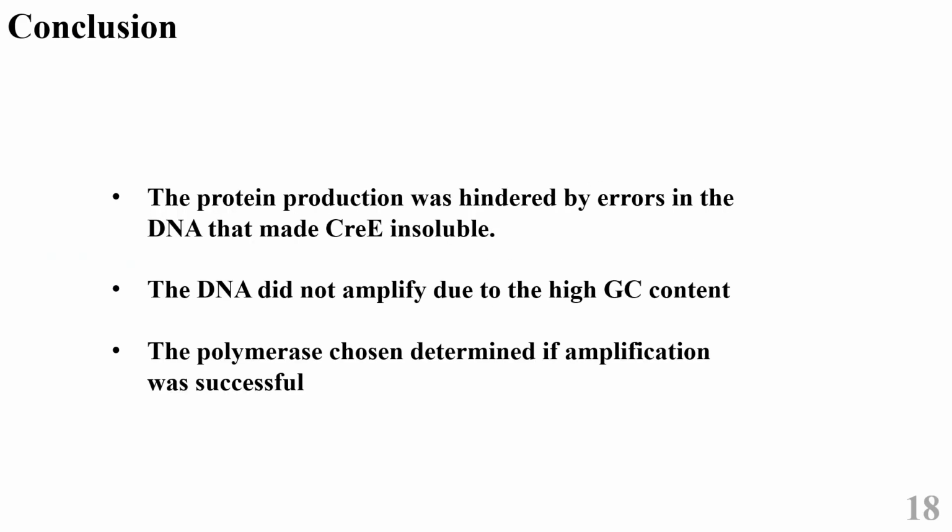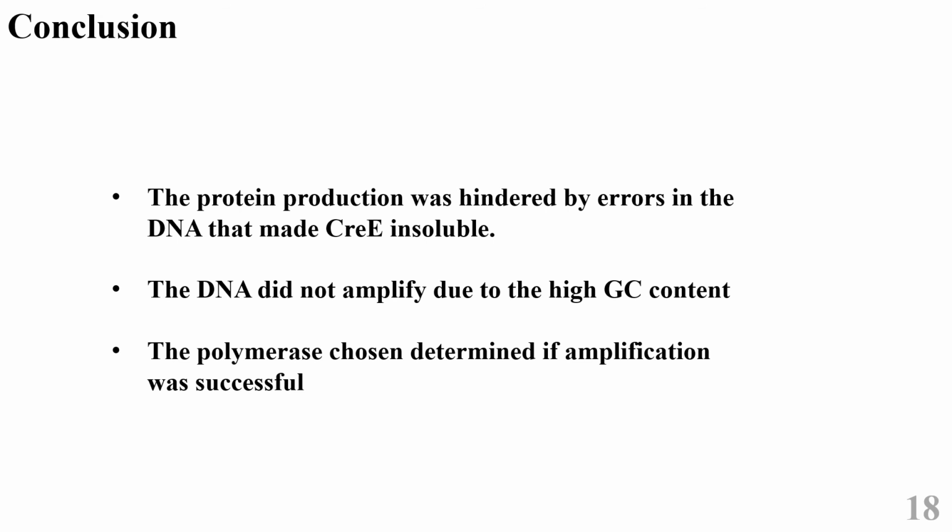The protein production in the initial steps of the research was hindered by having insoluble protein, which may have been caused by the 4 extra histidines and/or the need to express both CreE and CreD in the same plasmid. All the failed attempts at amplification seem to have been mainly caused by the high GC content of CreE.